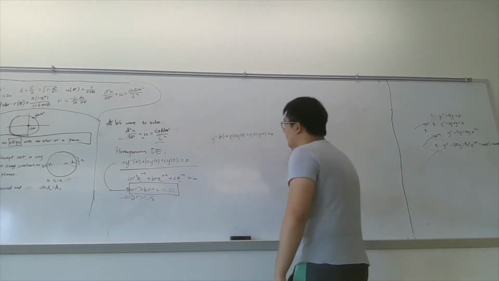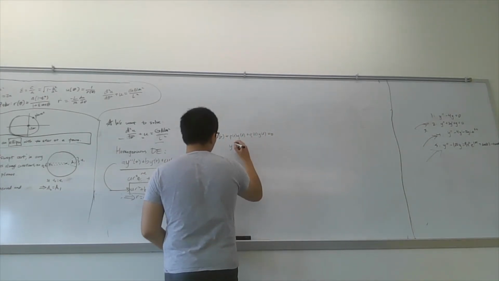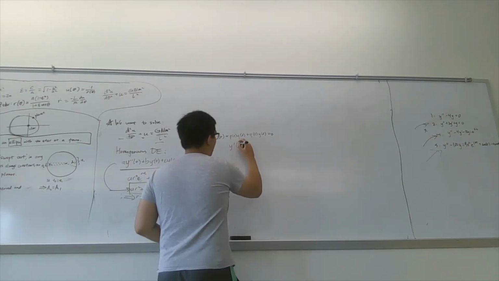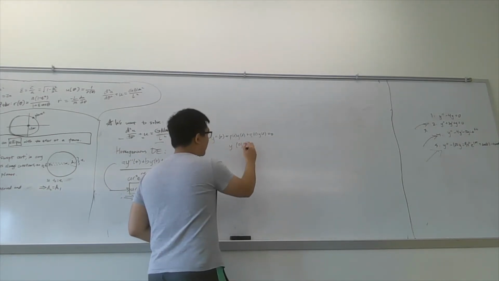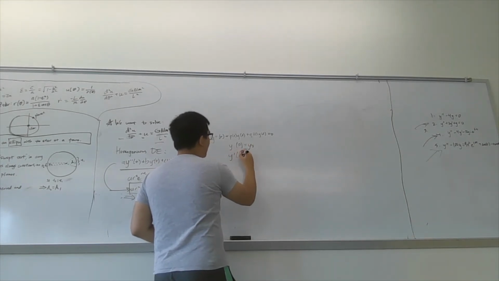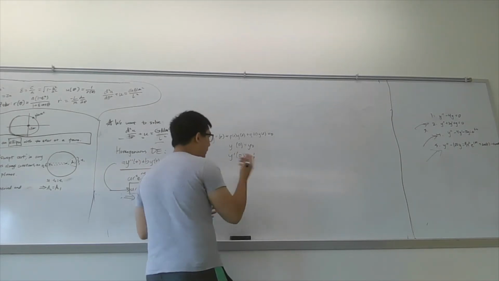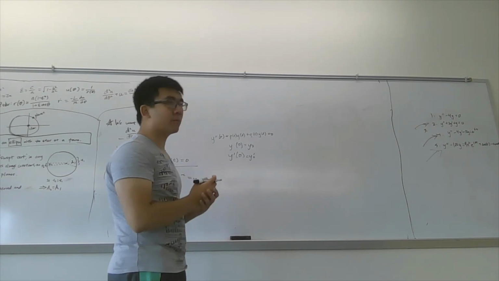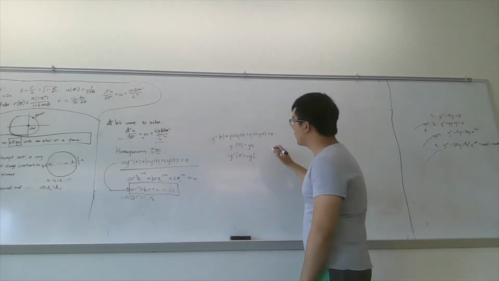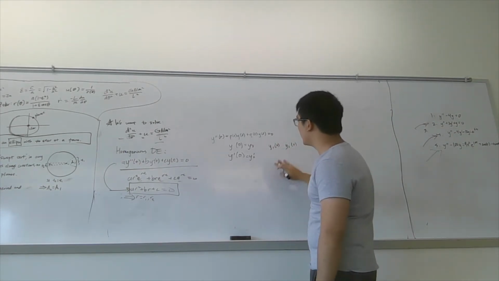If we have this differential equation and we have some boundary values, let's say the particular solution evaluated at 0 equals some arbitrary number, and the derivative of the particular solution evaluated at 0 equals another particular number. And let's say we have two particular solutions to this differential equation, y1 and y2.